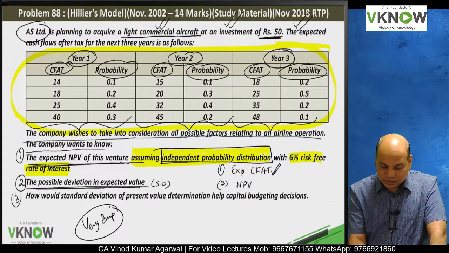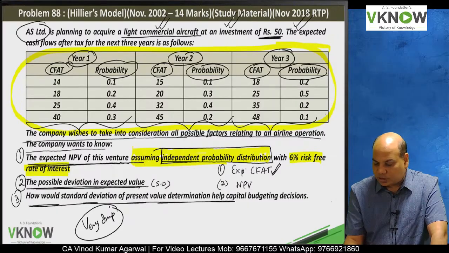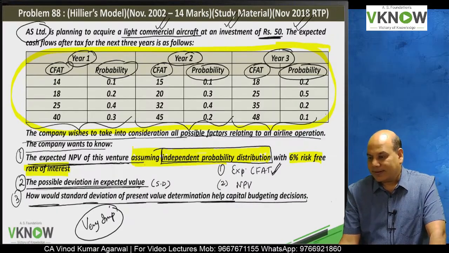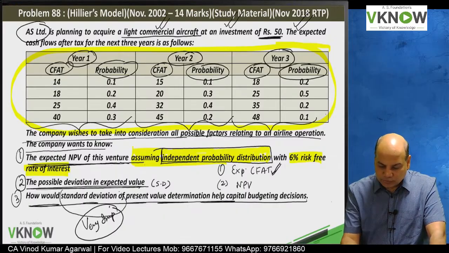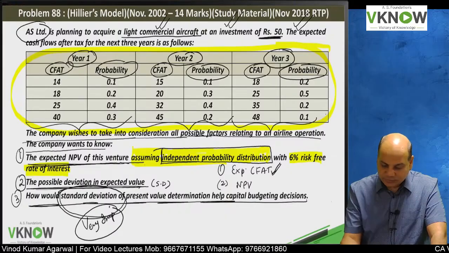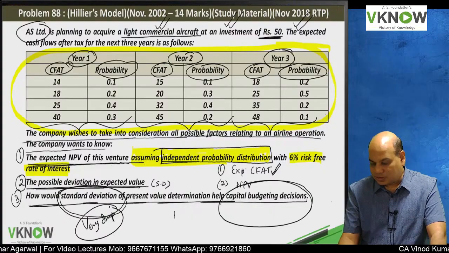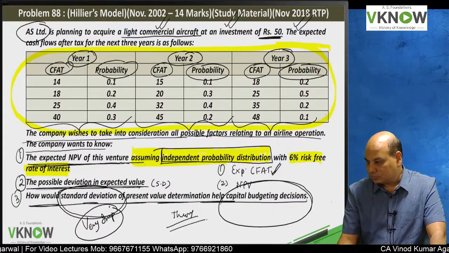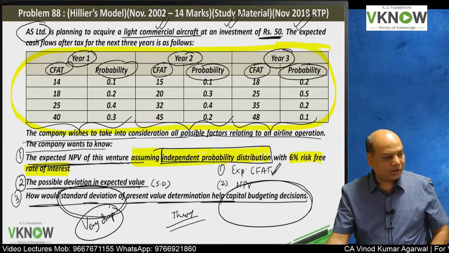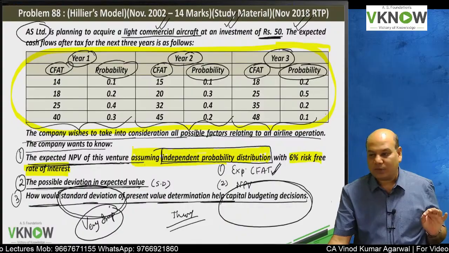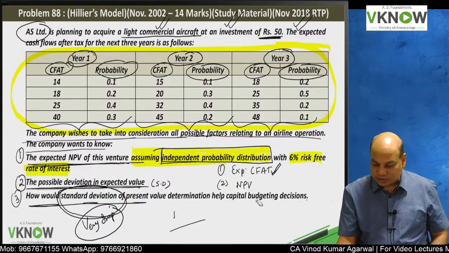And third question, theory question, how would standard deviation of present value determination help capital budgeting decision? So what is the role of standard deviation in capital budgeting decision? So this is a theory question which we will answer later. So what will be my course of action now?